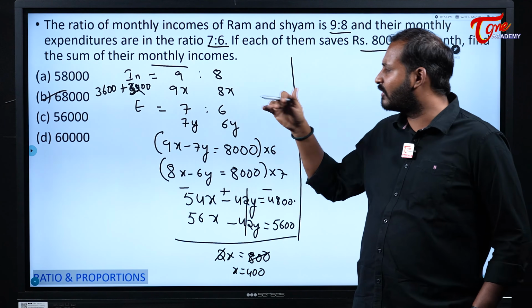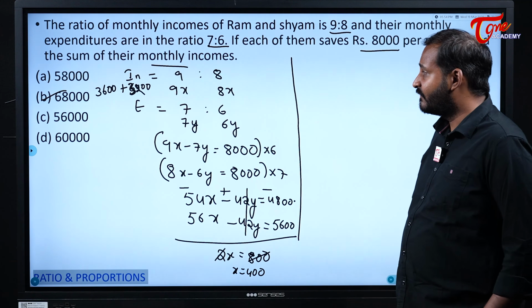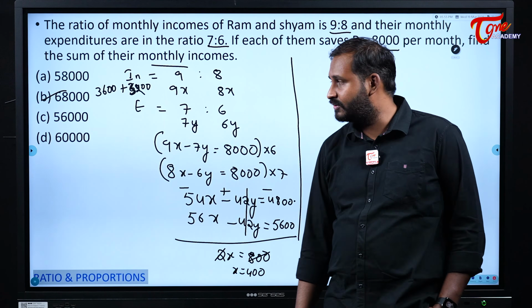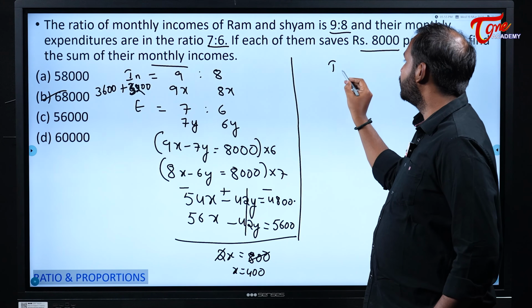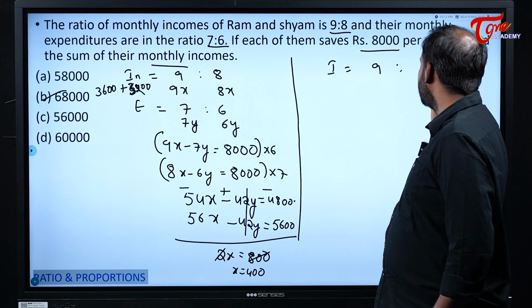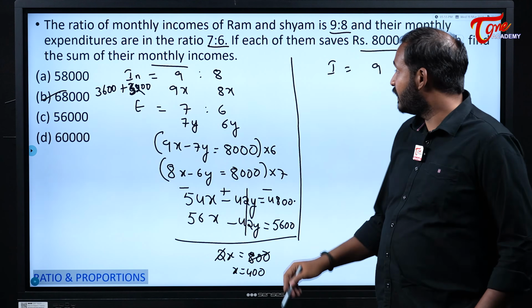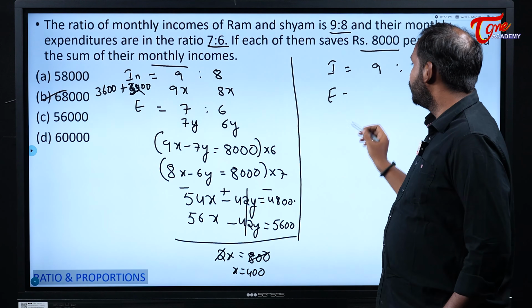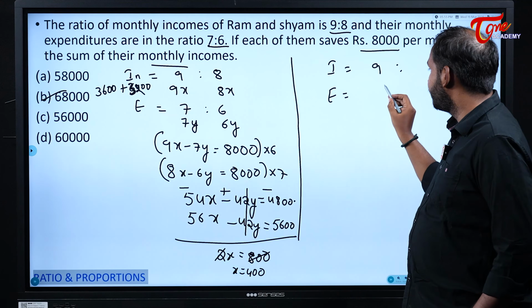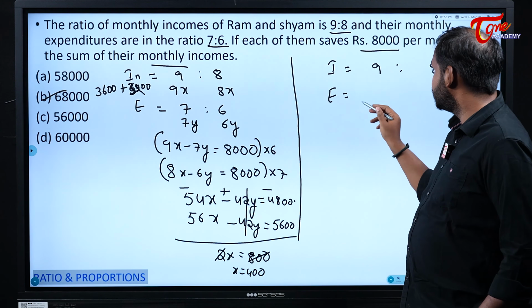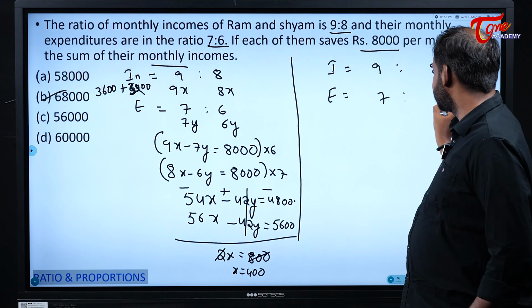This takes a lot of work for us. Now, how do we need to solve this one? See here, incomes are in the ratio 9:8. And their expenditures are in the ratio 7:6.